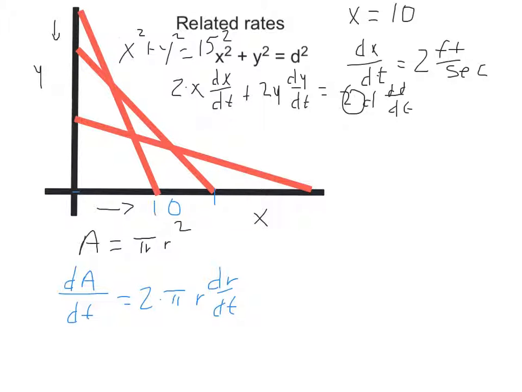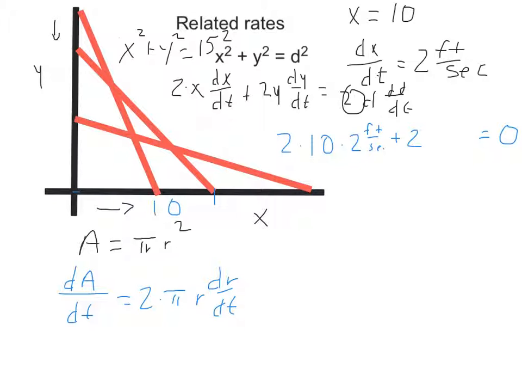What we can do then is simply plug this back in to the equation that we had. So we have 2 times the x value, which we now know is 10, times the rate, which we know is 2 feet per second, and we add that to 2 times the y value and dy/dt. Well, we have some things that we don't know, and that should all be equal to 0. We don't know y or dy/dt.